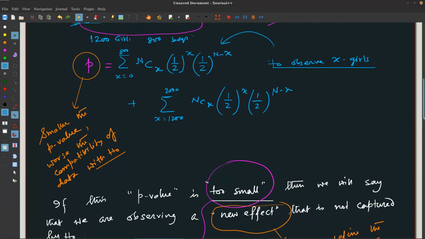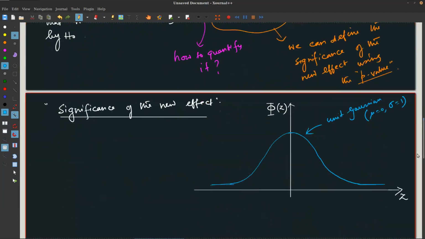Since it is returning you a number, you can ask a pertinent question: what value of z, let me call it capital Z, after which the area under the curve amounts to the p-value. So the area is equal to the p-value.